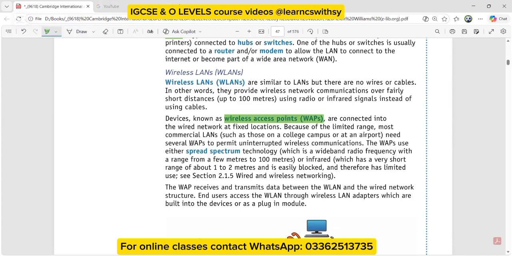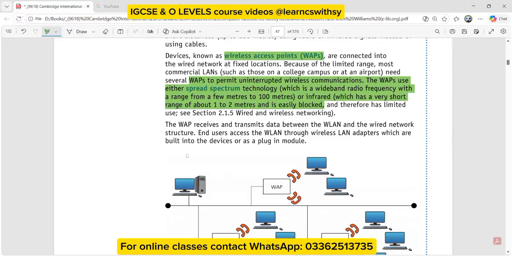So this is what you can know, that WAPs permit uninterrupted wireless communication, and they use either spread spectrum technology or infrared technology. If you just mention that, it is definitely enough to gain the marks regarding WAP. Now, what is a WAP doing? A WAP is receiving and transmitting data between WLANs and the wired network.